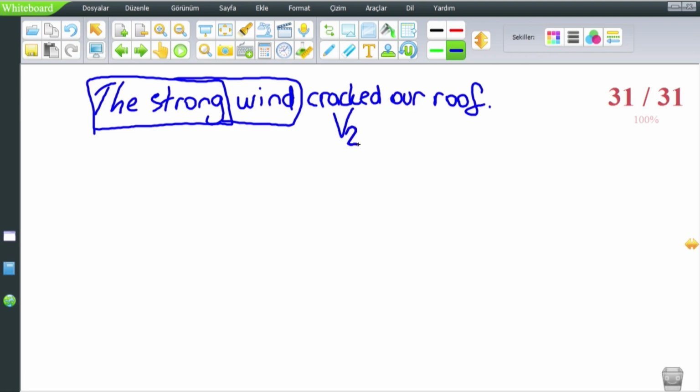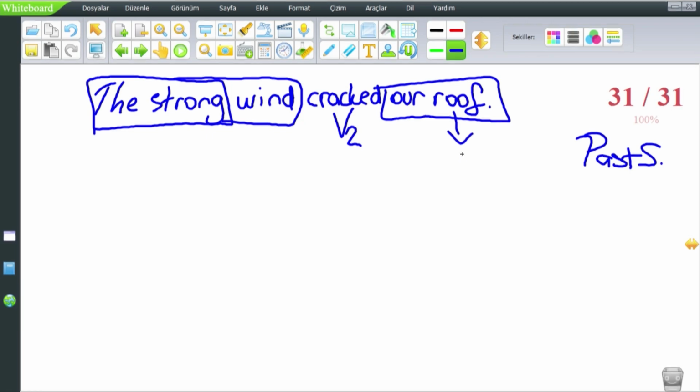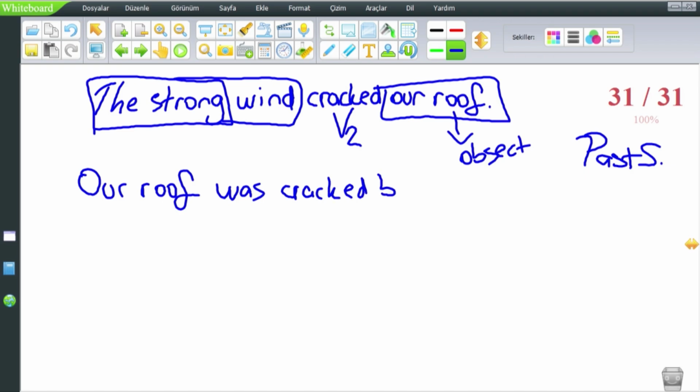I see verb 2 here, and I understand that this is a past simple tense. And looking at the object, our roof, I'm going to use was cracked by the strong wind.